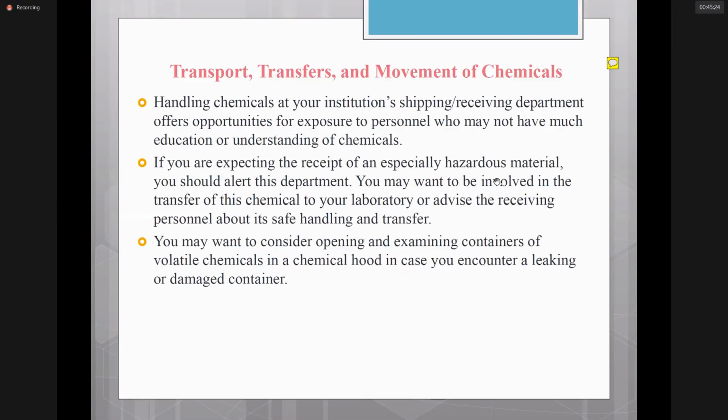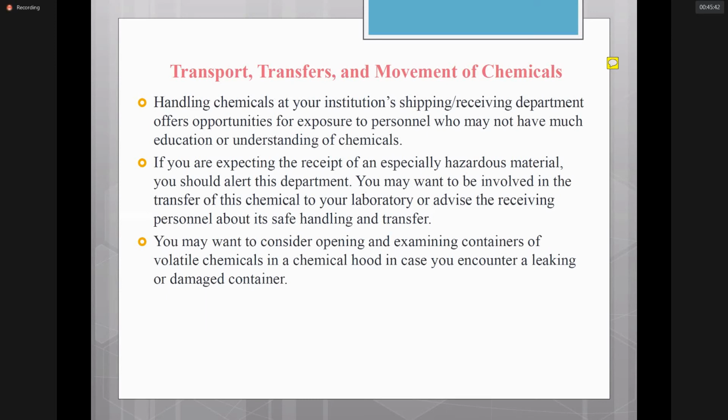You may want to be involved in the transfer of this chemical to your laboratory or advise the receiving personnel about its safe handling and transfer. So if there is a recipient or a person who is not familiar with the hazardous safety procedure, it is very important to alert that person, this department, about this chemical and how he can handle it carefully.